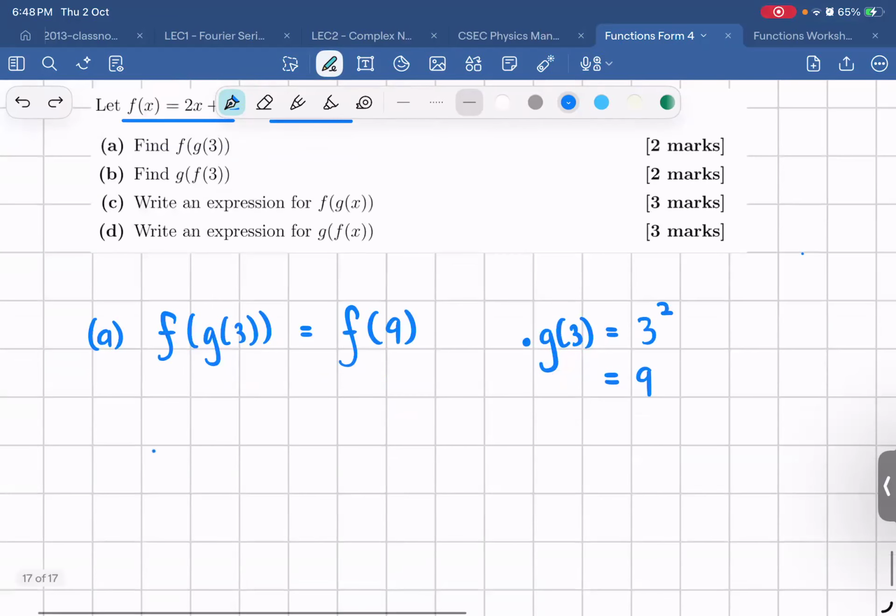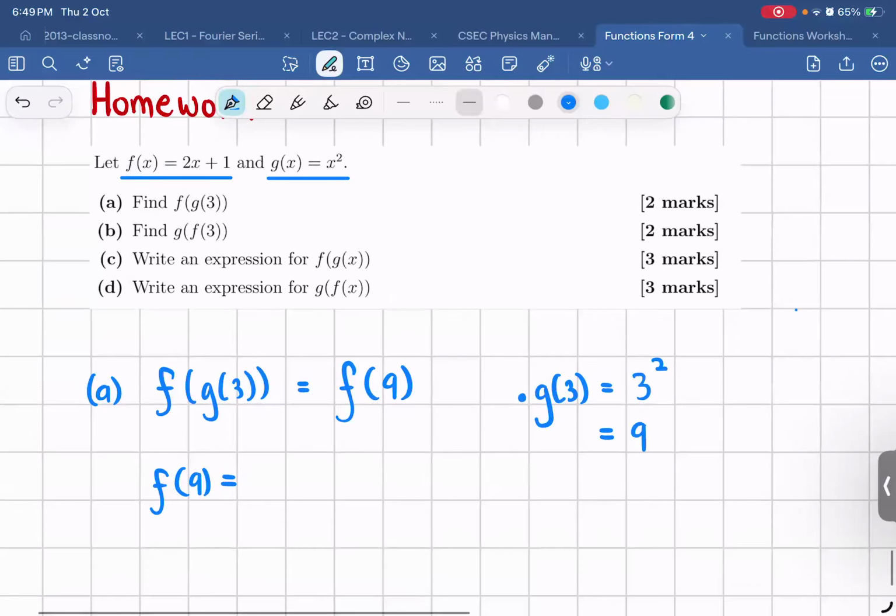And is f of 9 something that we could easily find? Yes, sir. How would I find f of 9? f of x equals 2x plus 1.